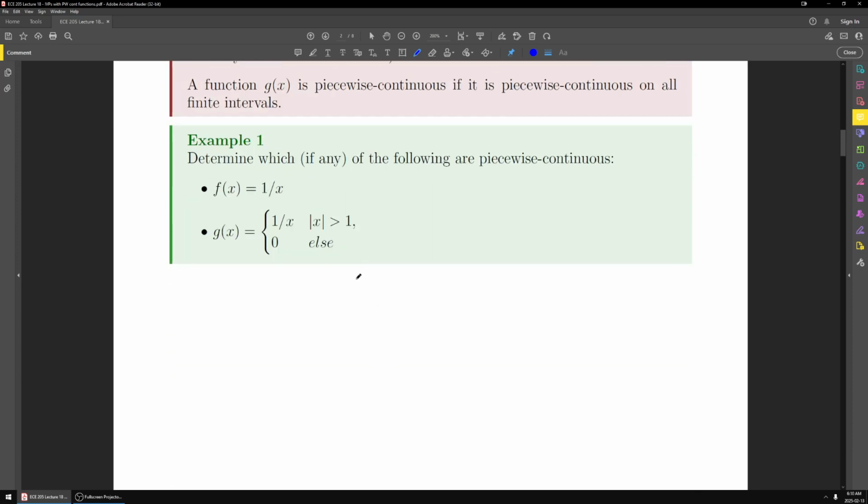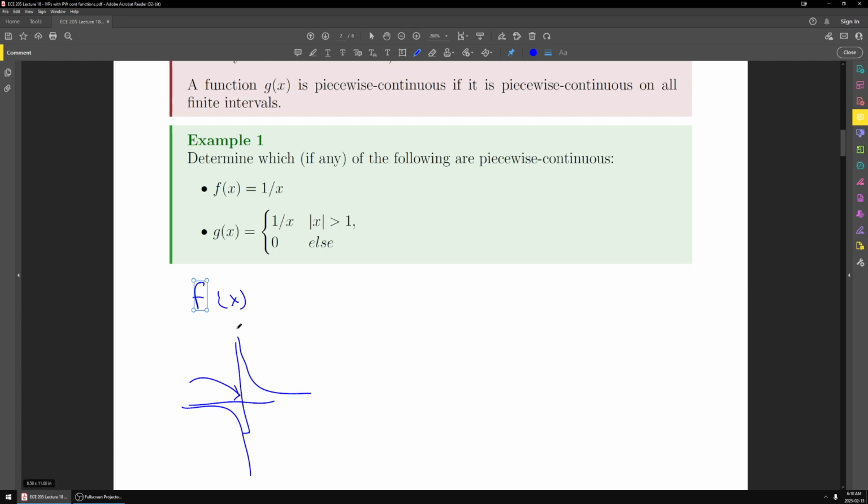All right, so here are 2 classic examples. You want to check both these conditions. For f of x, we'll just plot it, because the plot has a nice visual aspect to it. Here, that's what my function looks like. It has one discontinuity, right there at the origin.